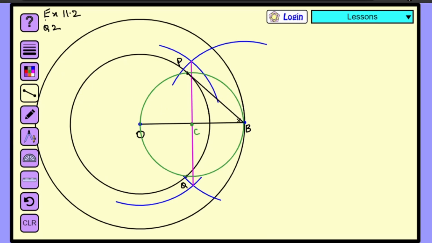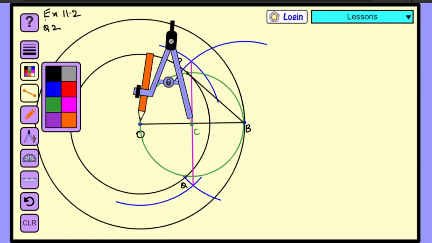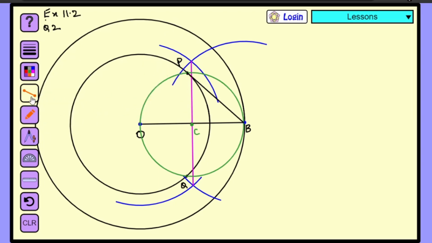I will take a different color so that we are able to see it properly.